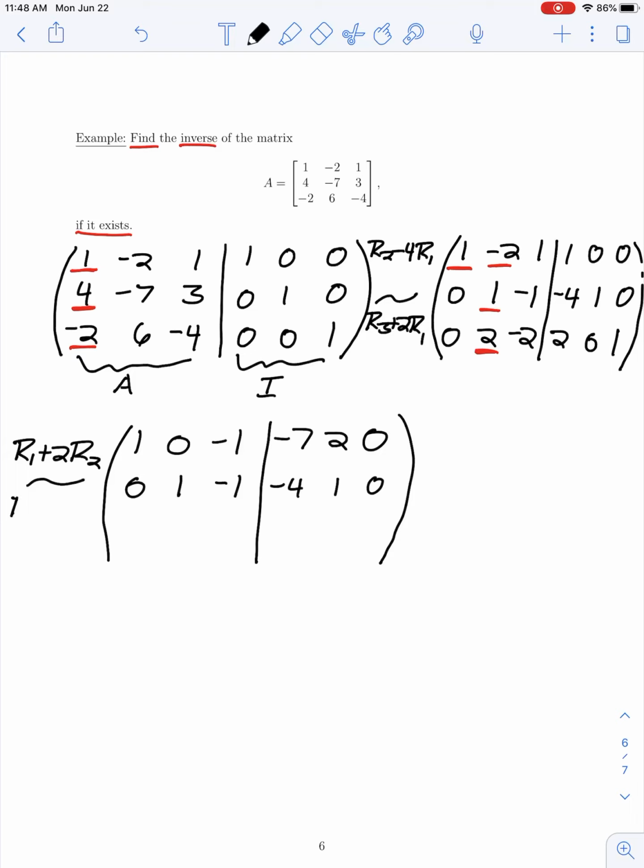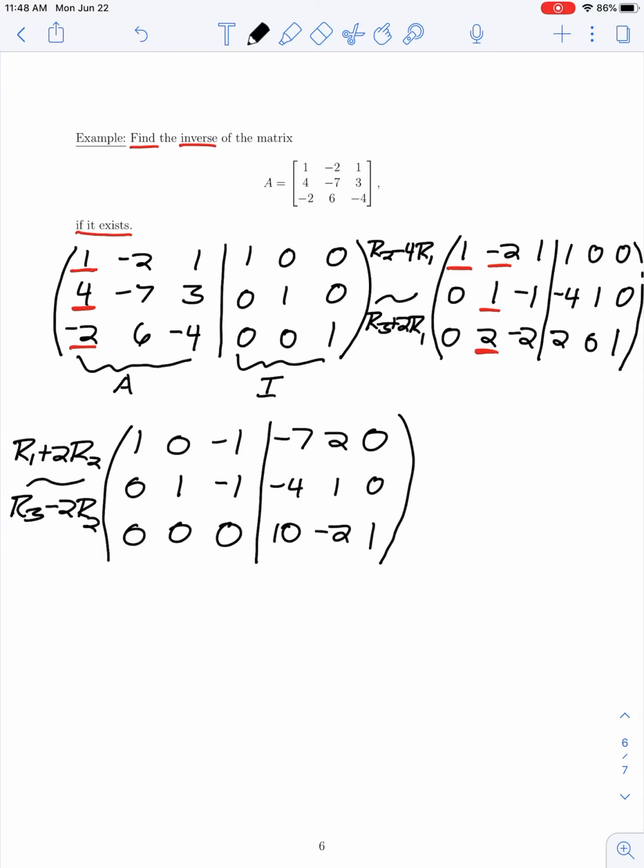And in the same step, I'm going to take row 3 and subtract 2 times row 2. So that would give me 0, negative 2 plus 2 is 0, and then 2 minus 2 gives me a 0. And then on the right-hand side, performing the same operation, I've got 8 plus 2 would be 10, negative 2, and 1.